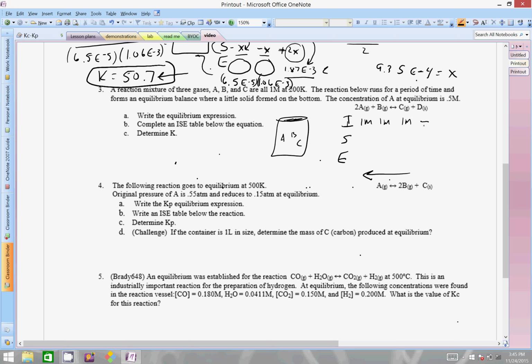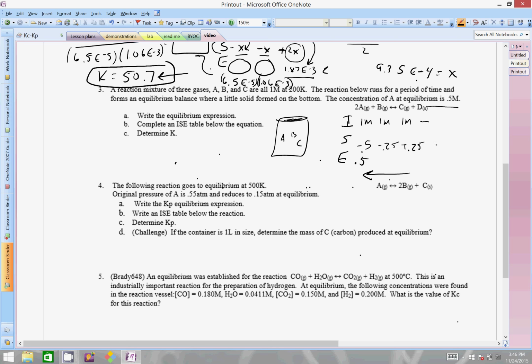They give us more information here, saying that some time has gone by, and the concentration of A at equilibrium is 0.5. This is the key to what we have here. It unlocks everything else for us. Minus 0.5, minus 0.25, plus 0.5, 0.25.